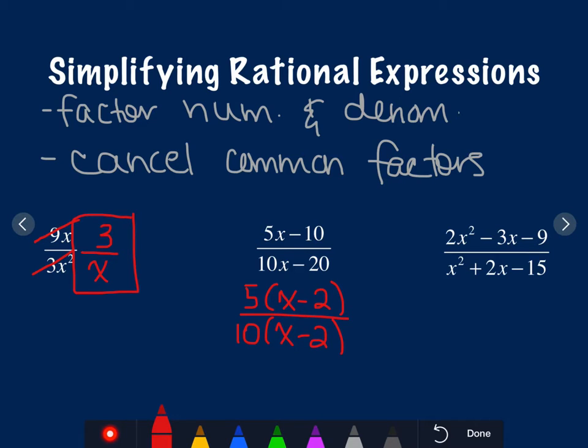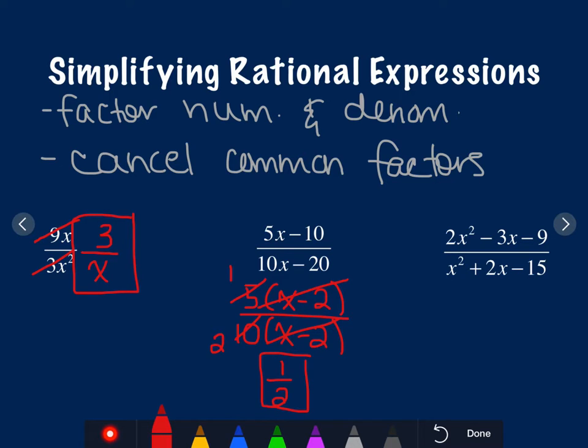The easiest one to see is the x minus 2, so I can cancel that right off the bat. Then I look at the 5 and 10 and see if there are any common factors, and the common factor there is 5. So when I cancel 5 out of the numerator, I'm left with 1, and out of the denominator, I'm left with 2. So this rational expression will simplify to be 1/2.